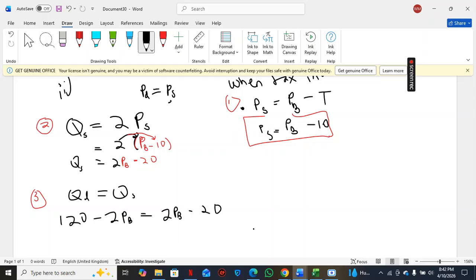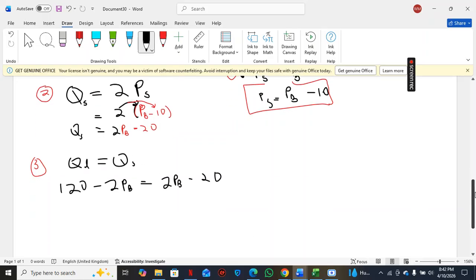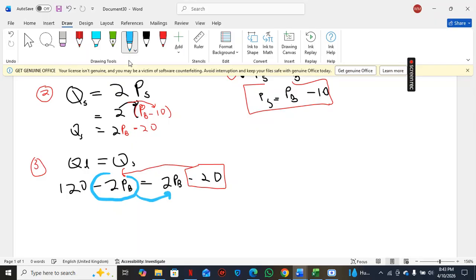So we find PB, the price the buyers are paying. Again, it's a matter of grouping like terms together. This negative 20 will cross over and become positive. This negative 2PB is going to cross over the equal sign and become positive.